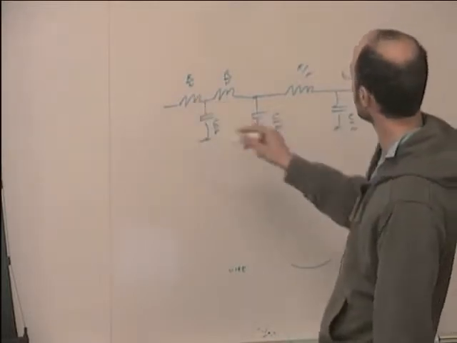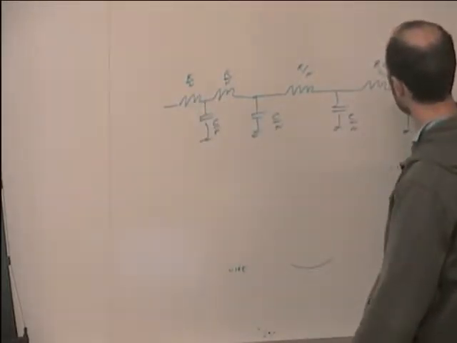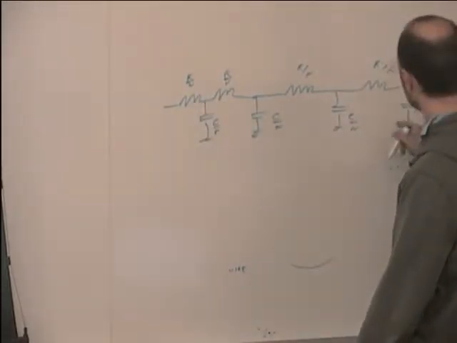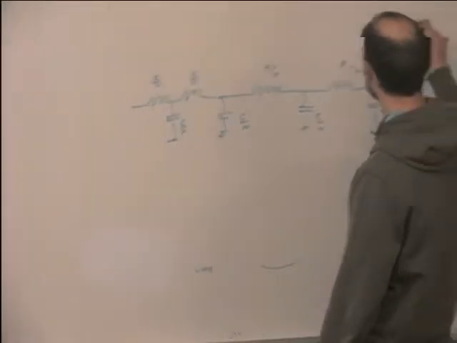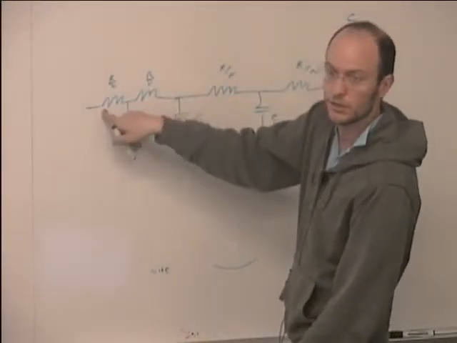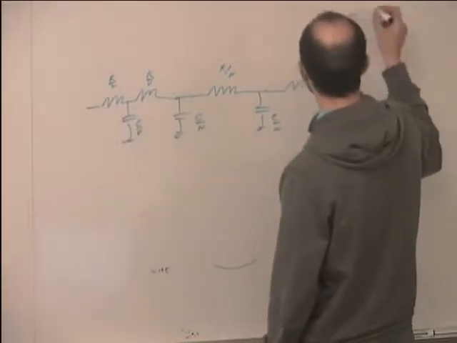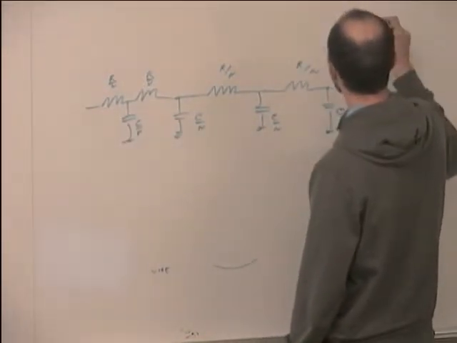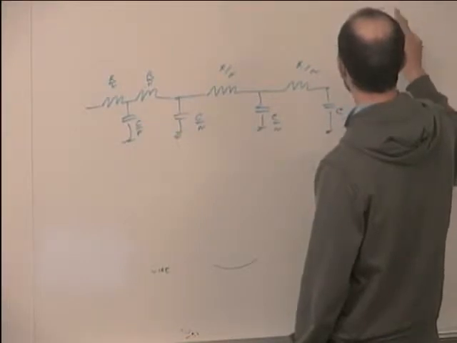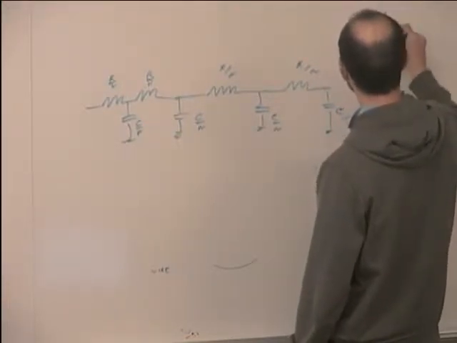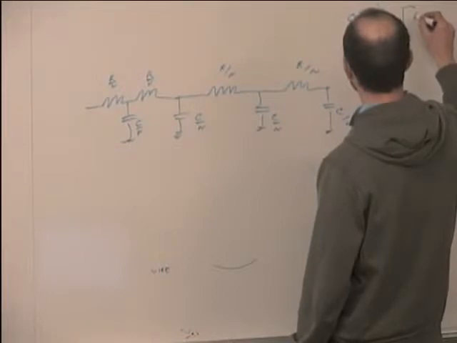So if you do this, then to do Elmore delay, start from this capacitor. This guy gets C over n times all of R. In other words, we can also write this as C over n times R over n, and then this will be times n.